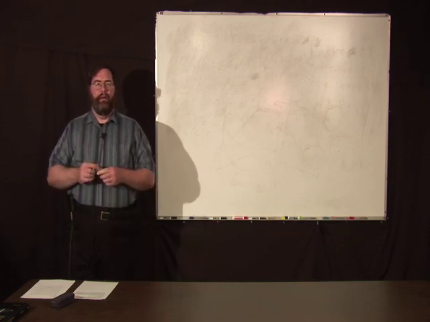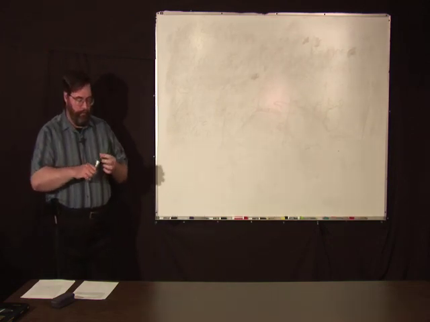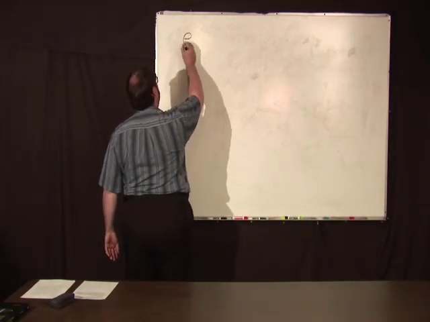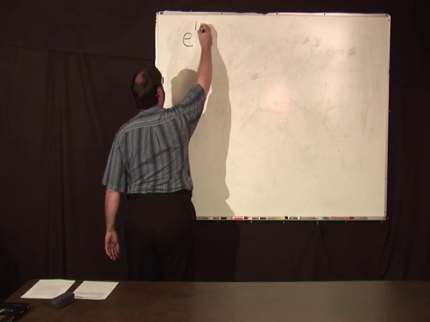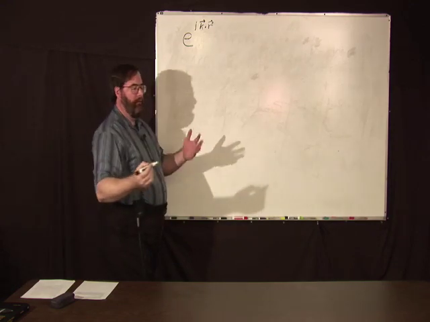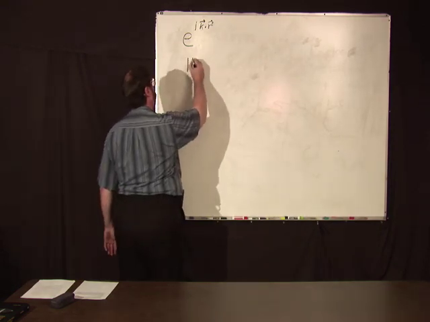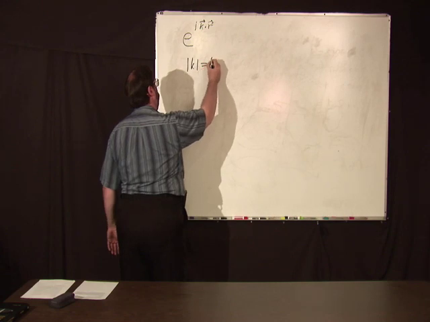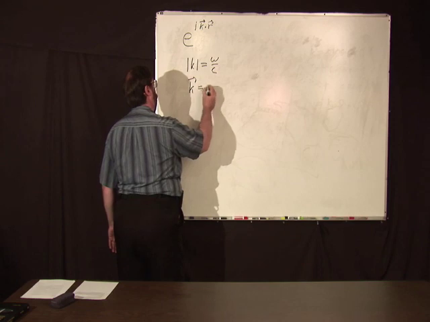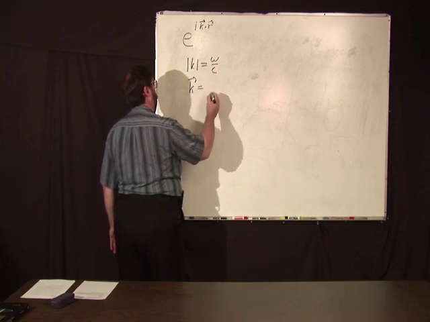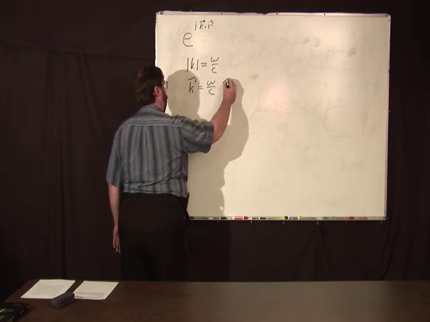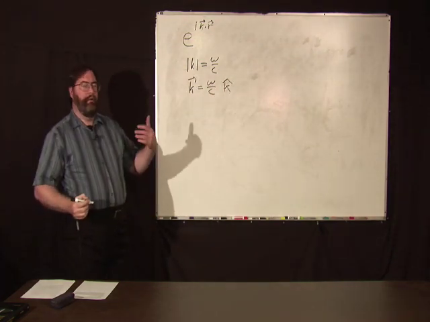Okay, we just went over in the past 2 weeks that the general form of a plane wave is e to the i k dot r, where k, remember, the magnitude of k equals omega over c, and k itself can be written as omega over c times a unit vector in the direction the wave is propagating.